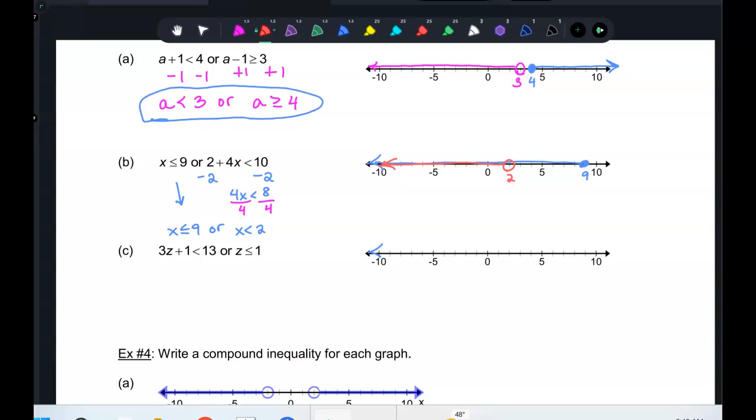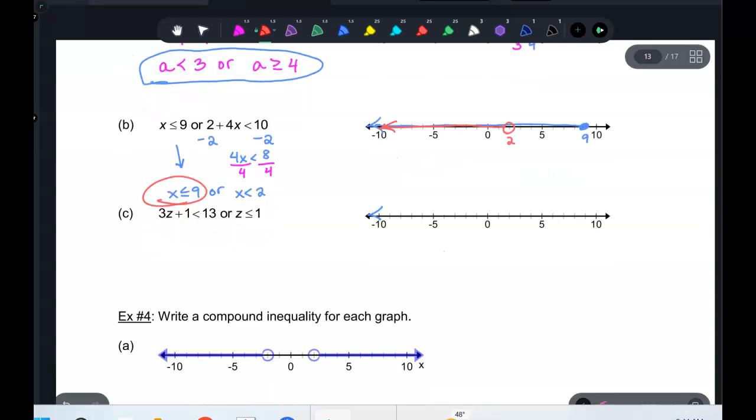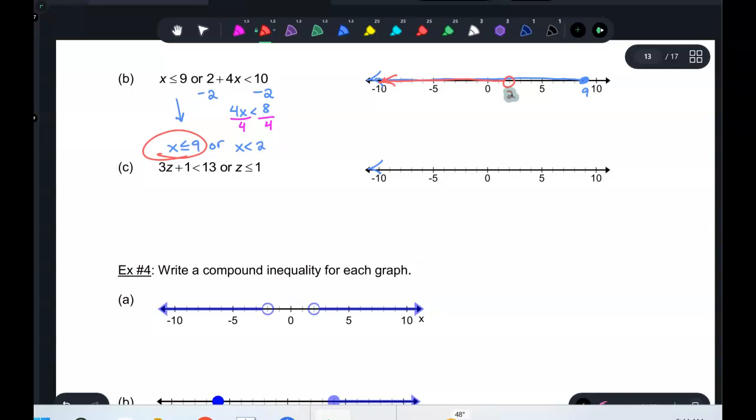No solution? But no, they do have a solution. What is the one that shades in the most? The first one. So the answer is just going to be x is less than or equal to 9. Think about this for a minute.